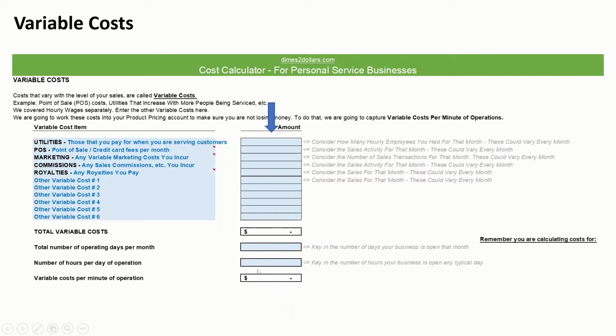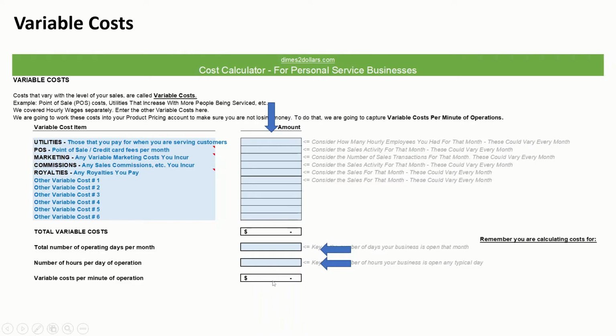Don't forget to key in the inputs in this section right here. So this is basically the number of operating days per month that you typically have, and also the number of hours per day that you typically have in your business. What this helps do is takes a monthly variable cost number and converts it to a variable cost per minute.